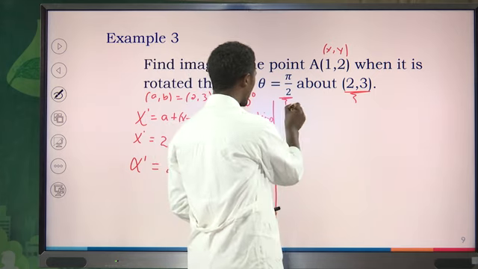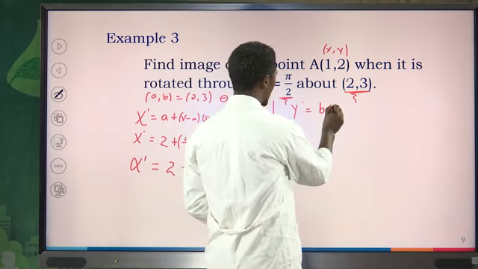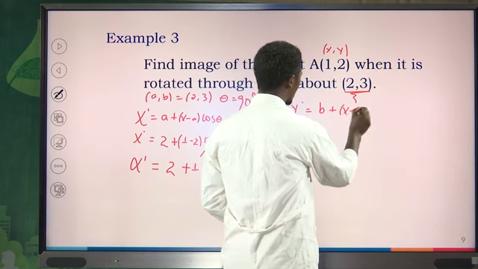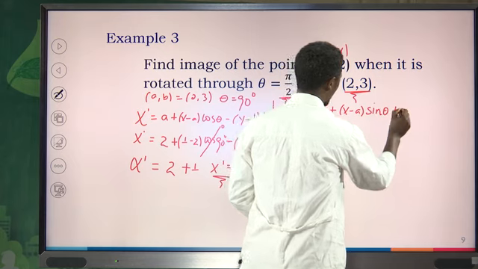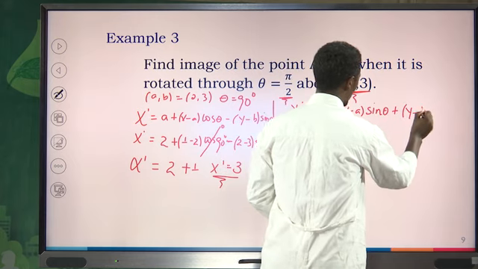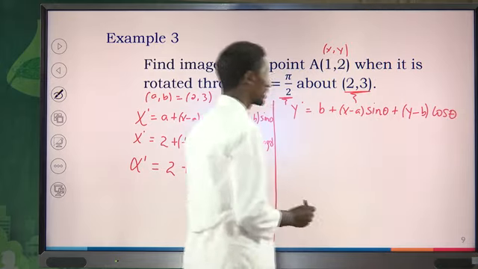Similarly, what is y prime? y prime equals b plus (x minus a) sin theta plus (y minus b) cos theta. This is the formula.